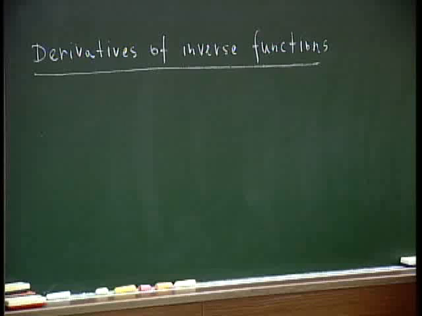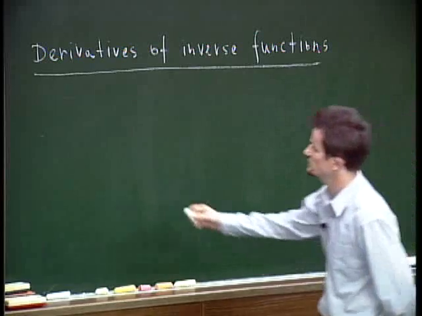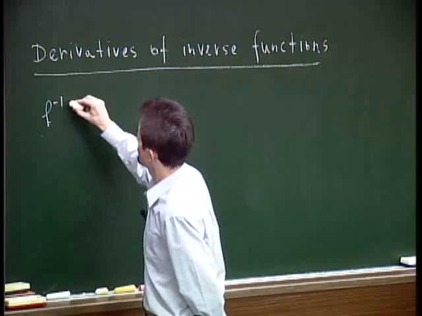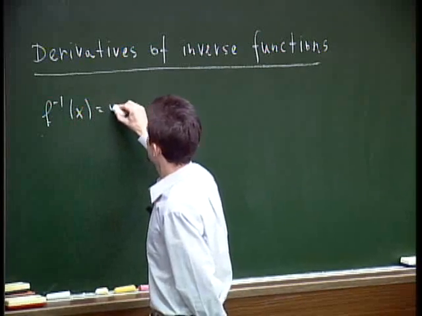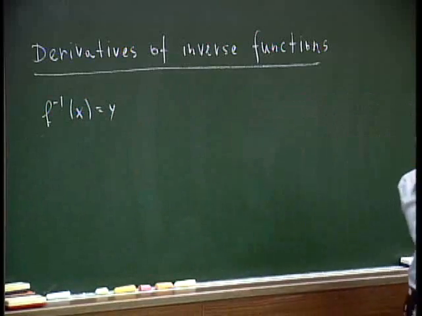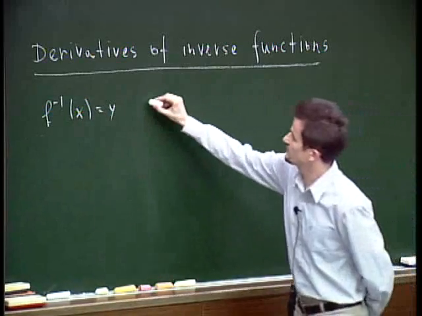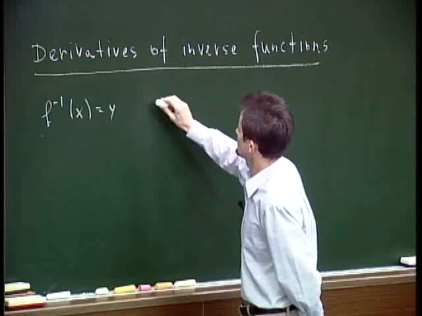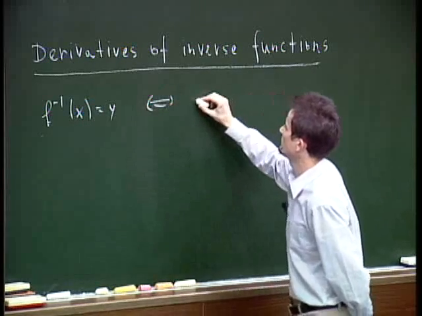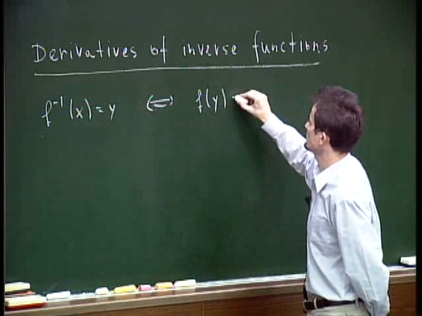What we use in order to compute the derivative of an inverse function is the method of implicit differentiation. So we know that if we have an inverse function of some x is equal to y, this is by definition equivalent to f of y is equal to x.